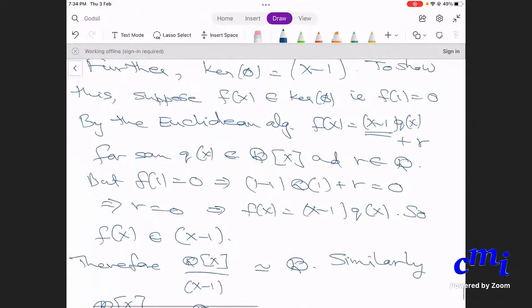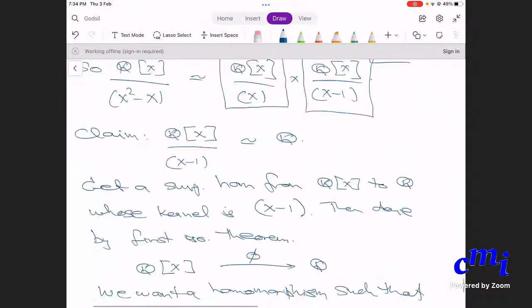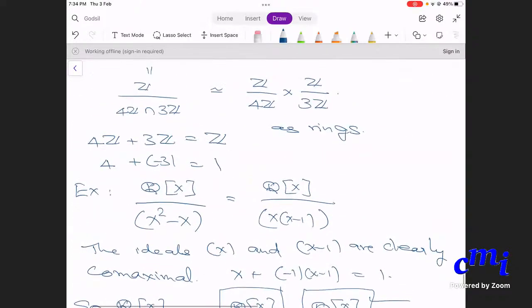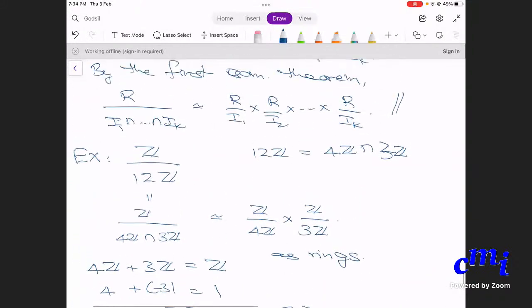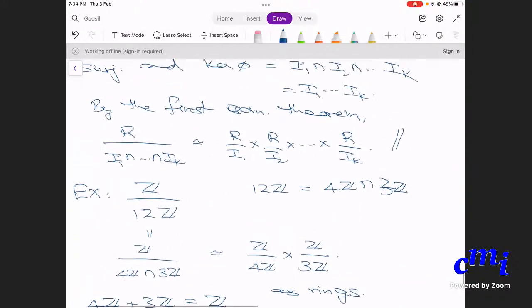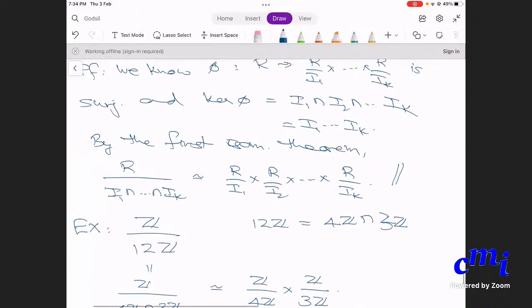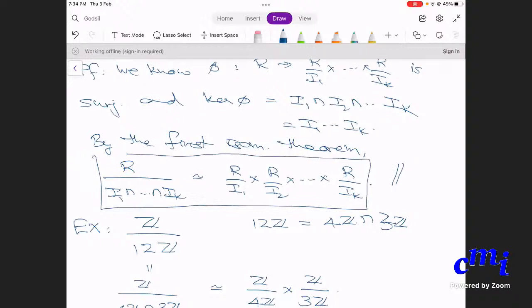Okay, so let's see, where was I? I was trying to give you some examples of this Chinese remainder theorem. In particular, this corollary is the important one. In lots of books, this is what will be called the Chinese remainder theorem: that R mod the intersection of ideals is isomorphic to the product of R mod the individual ideals, when the ideals are co-maximal.